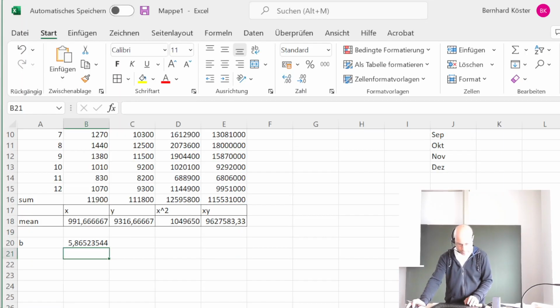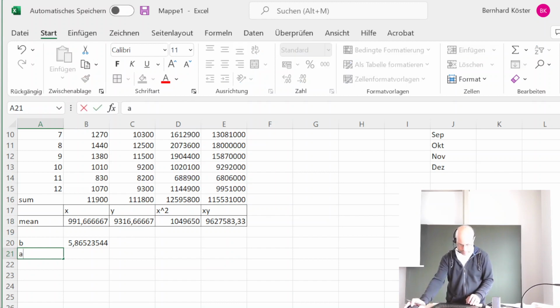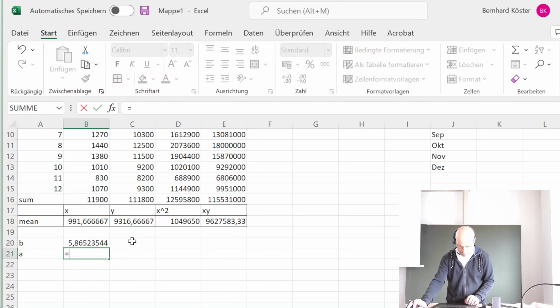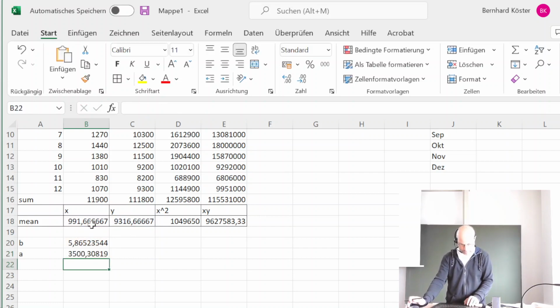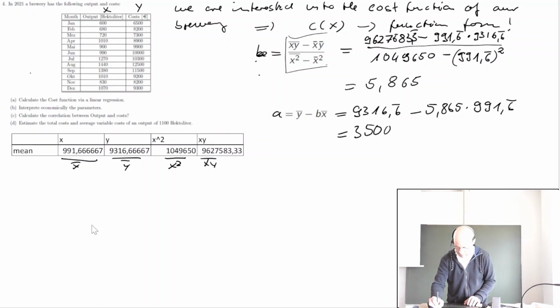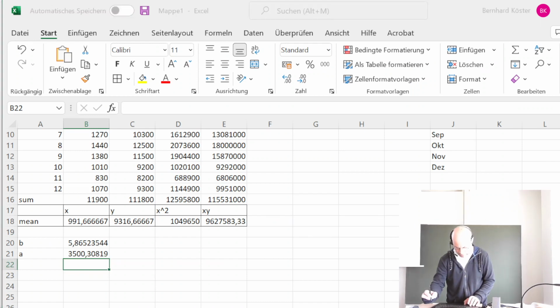So this means that A equals y bar minus b times x bar: 3531, or 3508 if you also take 3 digits.